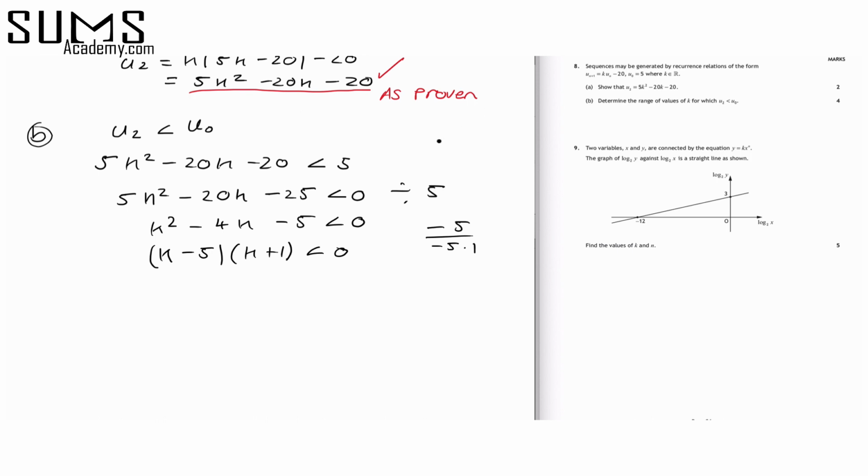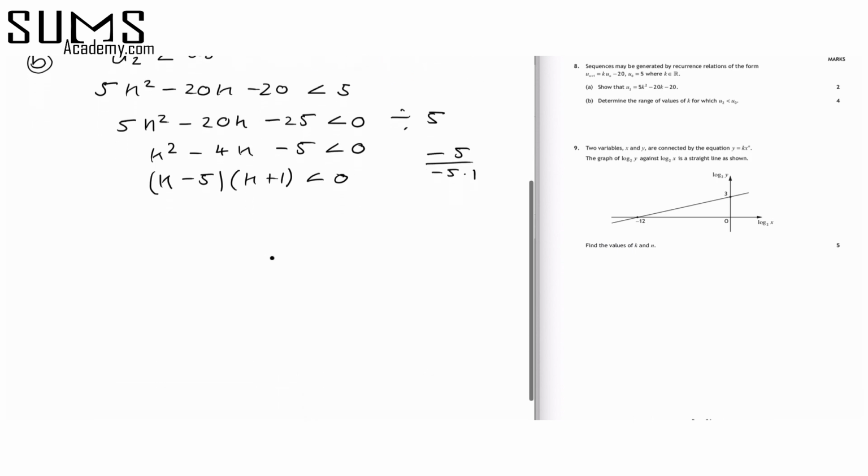Okay, now from here it may not be obvious what the answer is, but what's really useful to do is to sketch a graph. Actually, it's not even just useful, it's required by the marking scheme, so do sketch a graph. So what are our roots going to be? Well, k equal to 5 and k equal to -1.